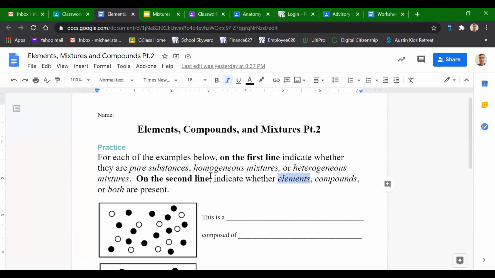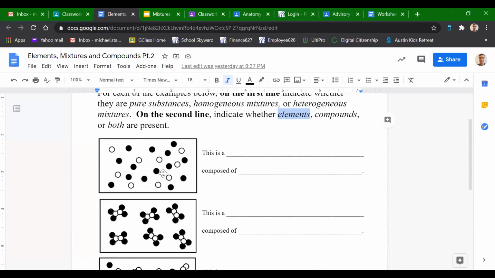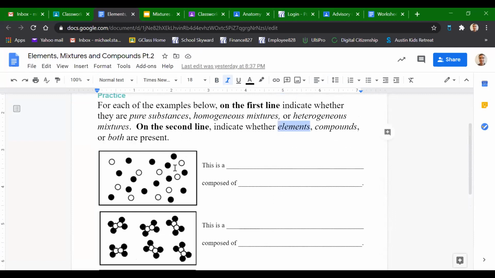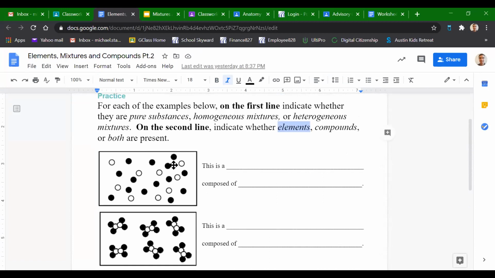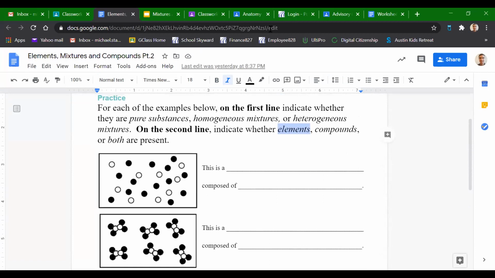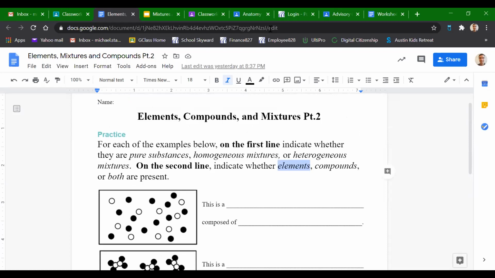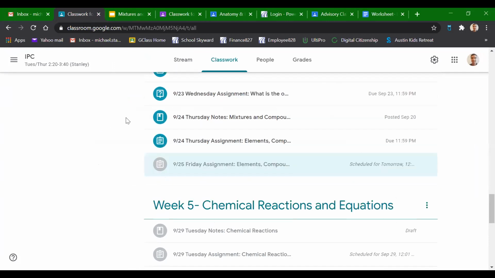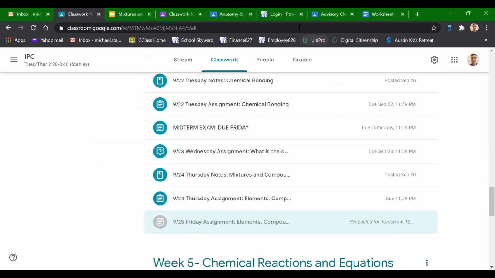And are there elements, compounds, or both present? So for each of these substances, you need to tell me both of those things. What type of substance, and does it have elements, compounds, or a combination of the 2? Righty, and that is pretty much everything for today.